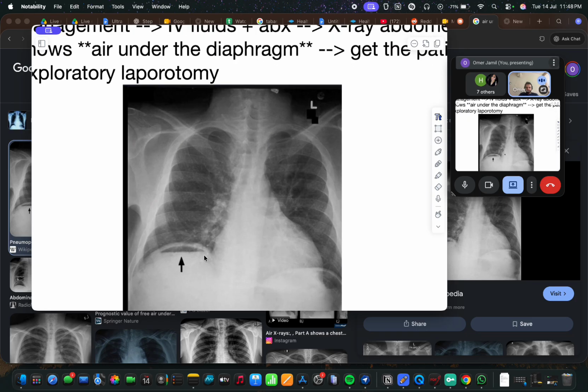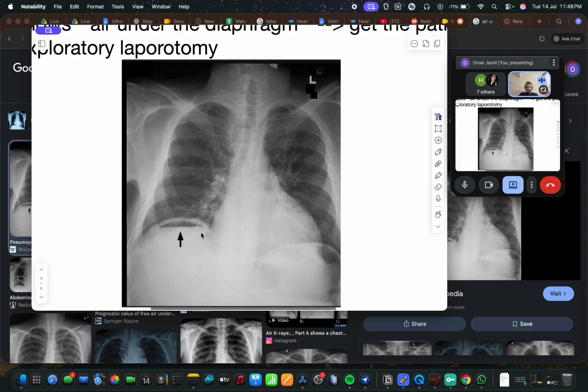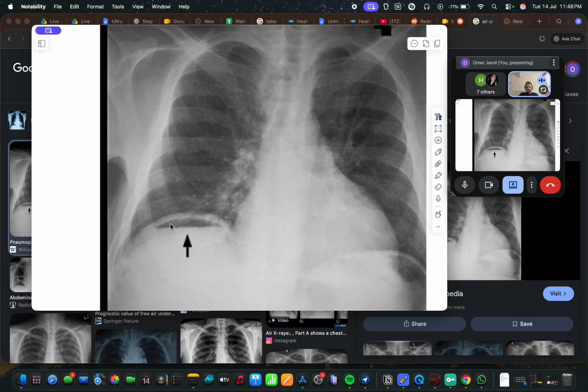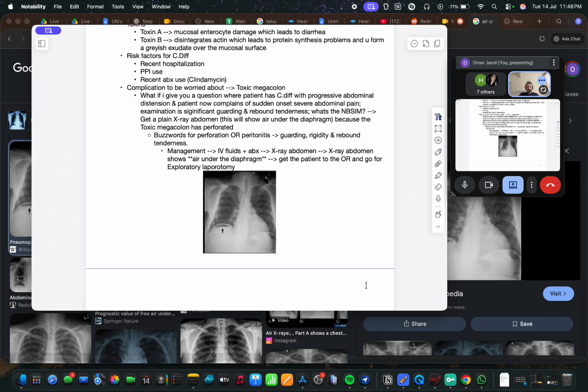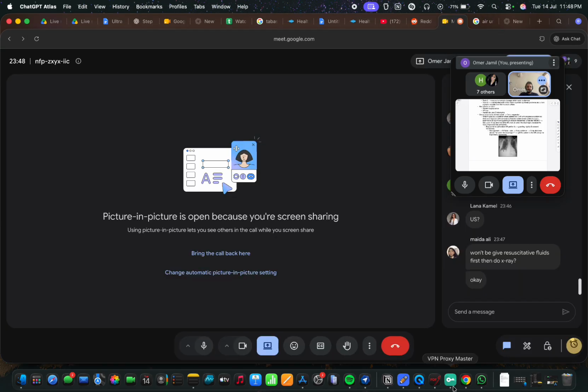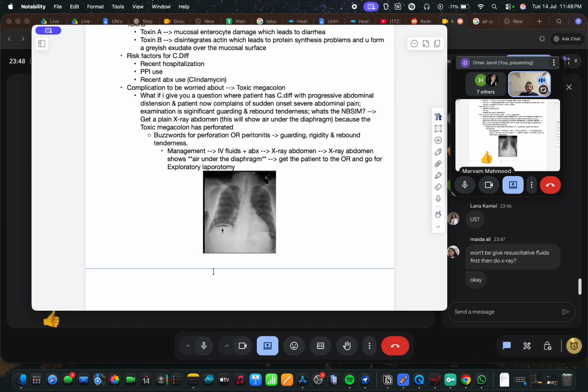You see, these are your diaphragms, and remember the right diaphragm is more elevated compared to the left because on the right you have your liver. This small section that you see is air under the diaphragm, and this is indicative of hollow viscus perforation. Okay, is this clear?